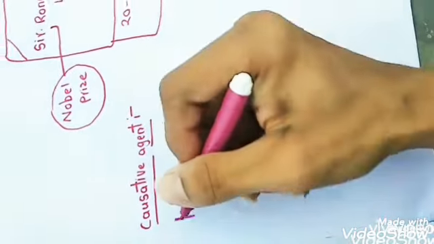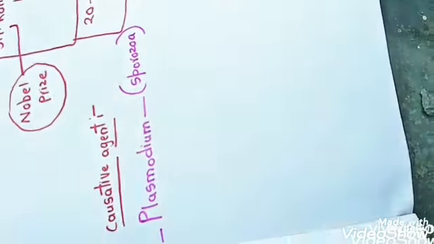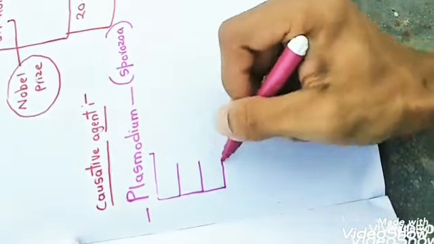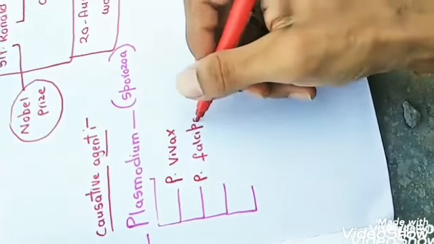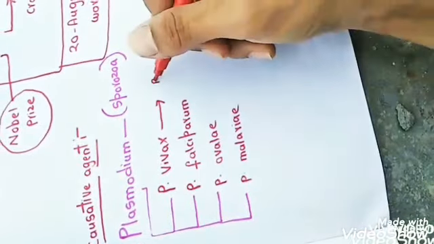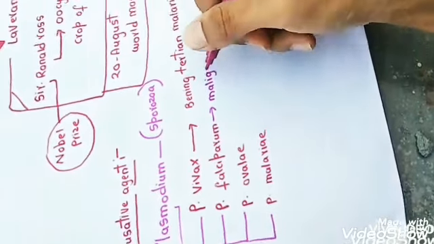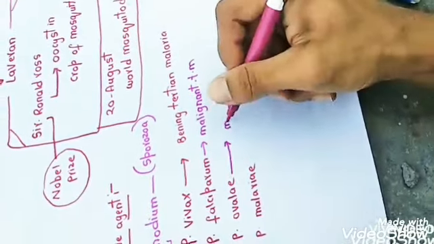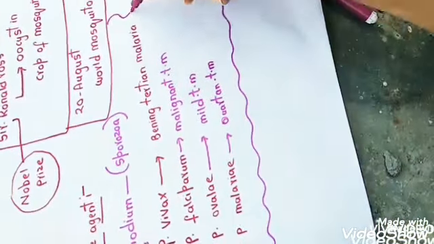The causative agent of malaria is the genus Plasmodium, which belongs to the sporozoa. It has four major species: Plasmodium vivax, Plasmodium falciparum, Plasmodium ovale, and Plasmodium malariae. Vivax causes benign tertian malaria, falciparum causes malignant malaria, ovale causes mild malaria, and malariae causes quartan malaria.